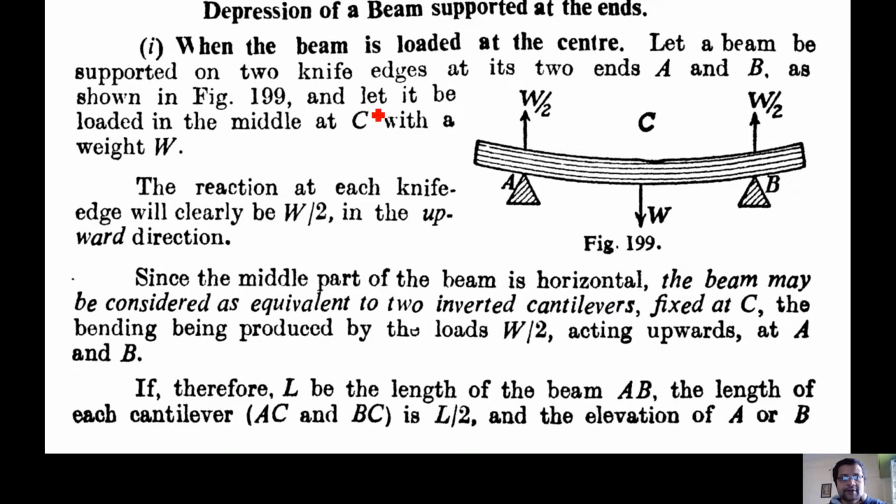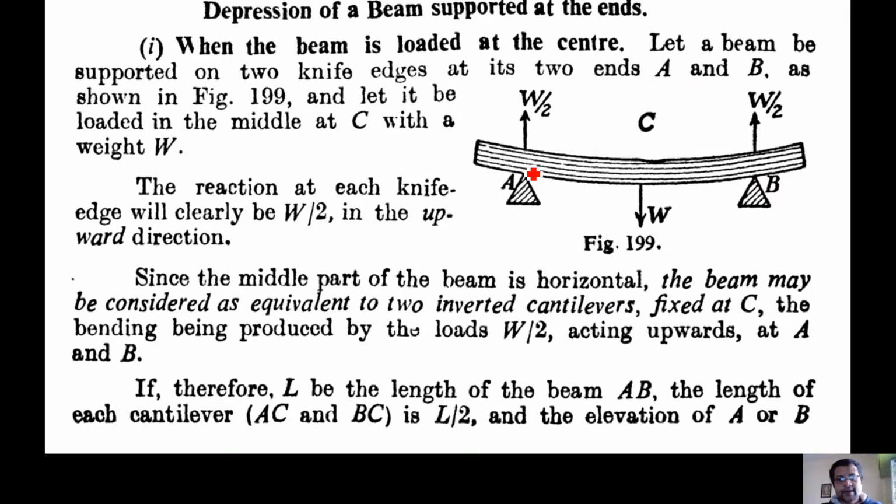You can see in this figure the weight W which we apply at the middle of it. The reaction forces, the equal opposite forces, are distributed equally on the right hand side as well as the left hand side of this inverted kind of cantilever shape.